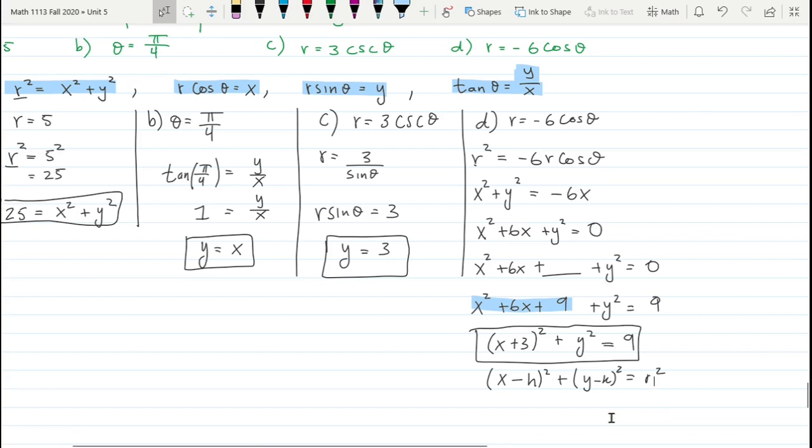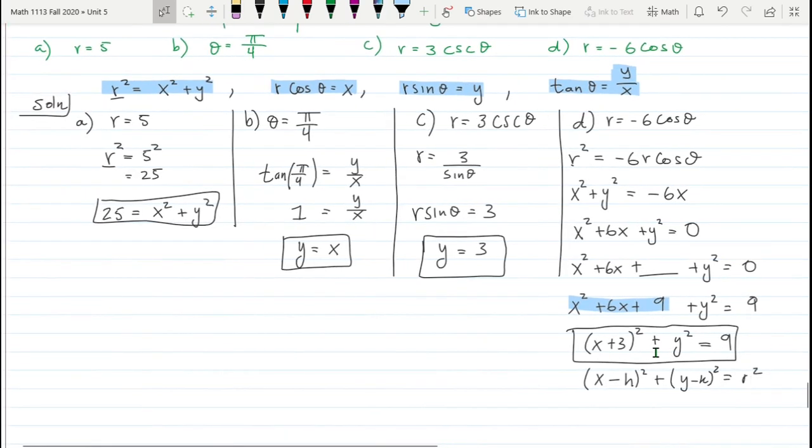So negative 3 comma 0 is the center of the circle with radius 3. So this is the template that we were trying to go for, and somehow we got that equation in terms of x and y. And that completes the lesson 6.3 about polar coordinates.